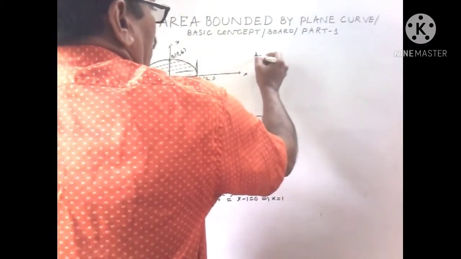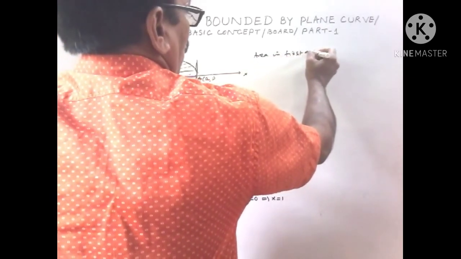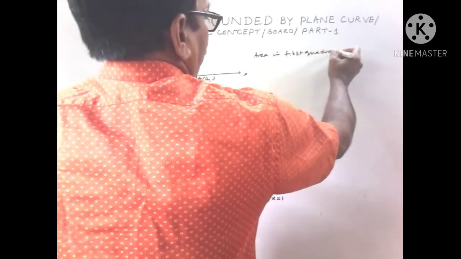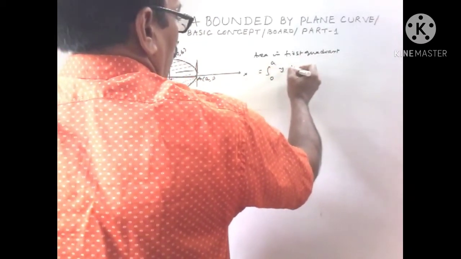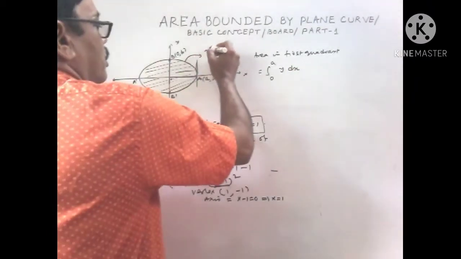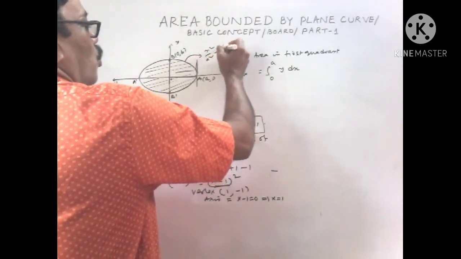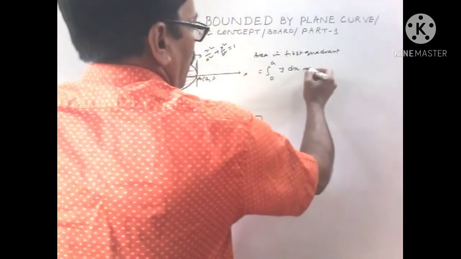So area in the first quadrant equals to integral 0 to a, we know the formula, y dx. Now this curve is x square by a square plus y square by b square equals to 1. So what is the value of y?